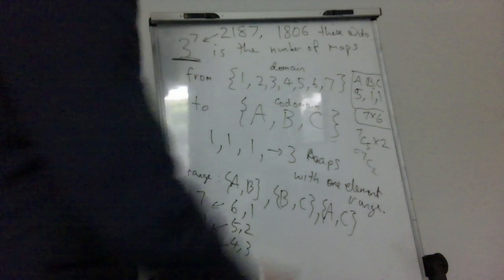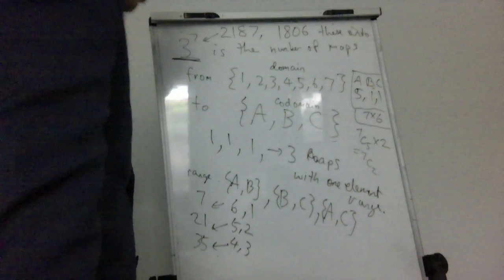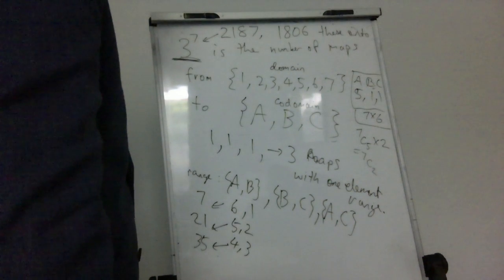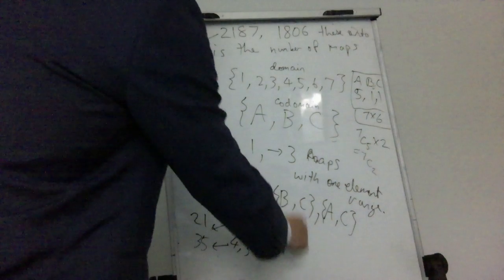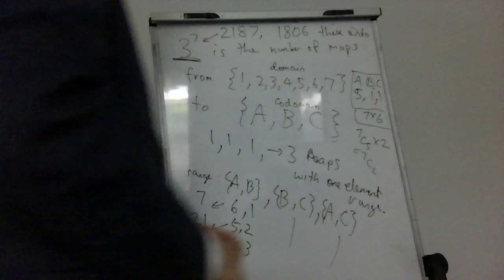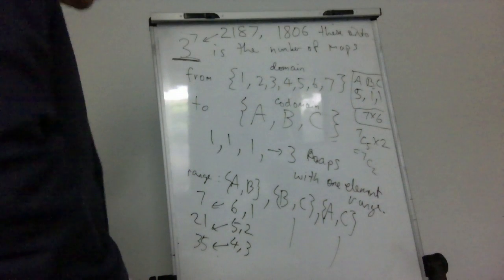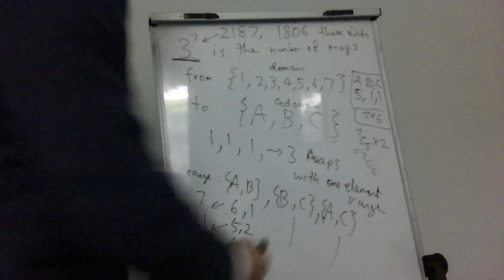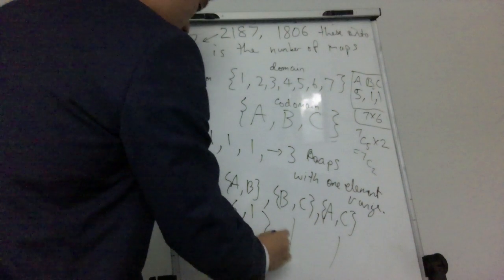126. Okay, then times it by 3 and then add 3 for these ones. So 126 is this times by 2, right?